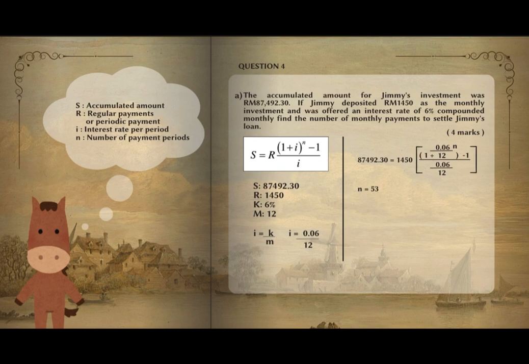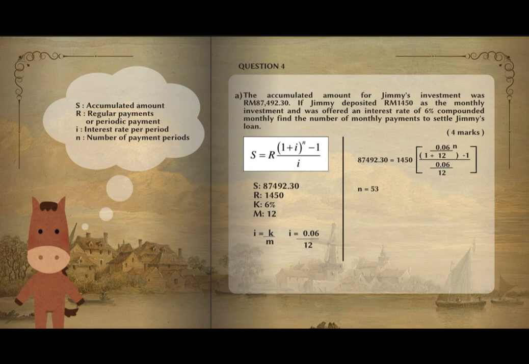For this question, we use the accumulated amount of an ordinary annuity formula because the accumulated amount is mentioned in the question. Not only that, we have one more formula, which is I equals K per M. So, what is K and what is M?